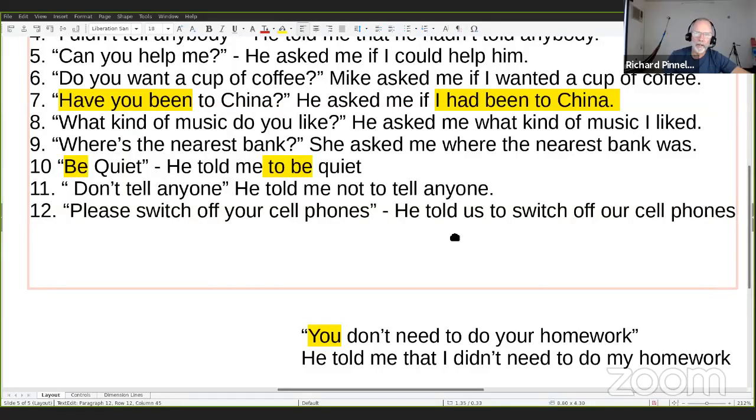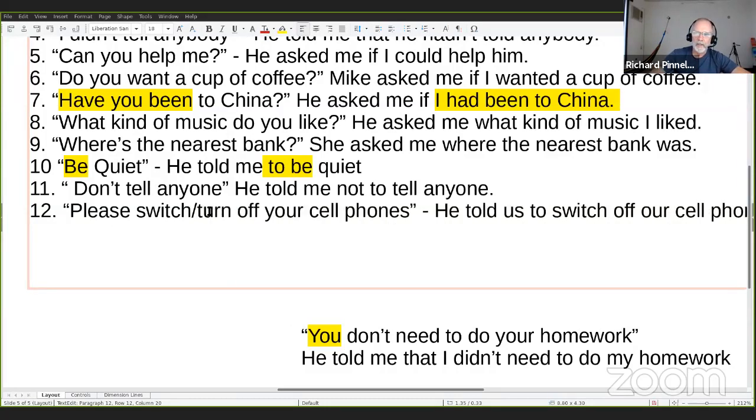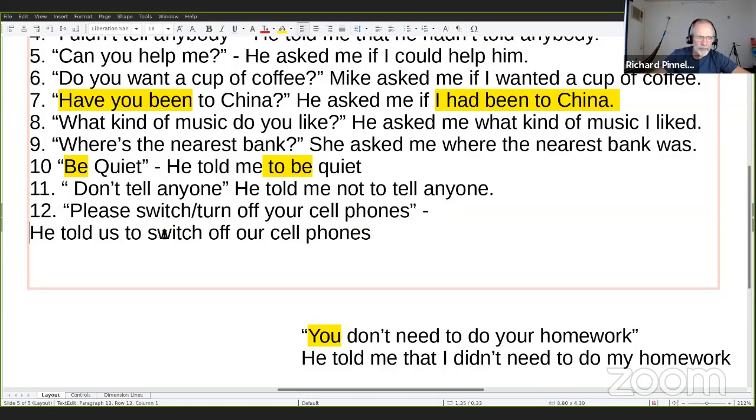It's another imperative. We could change this switch or turn off. It's the same, synonymous. He told us to turn off or switch off our cell phones.